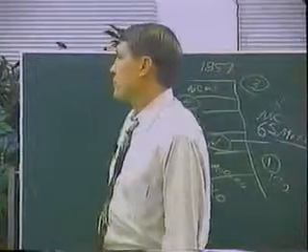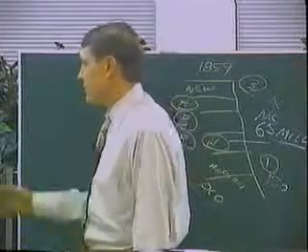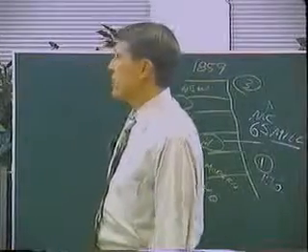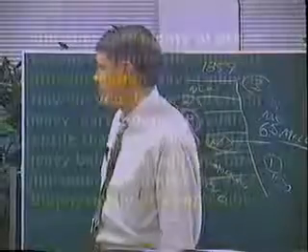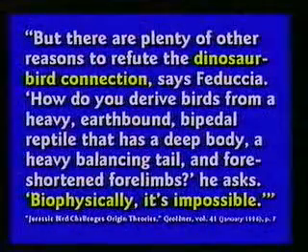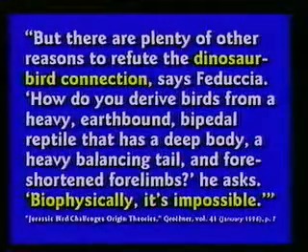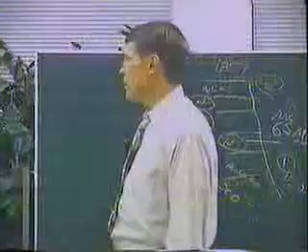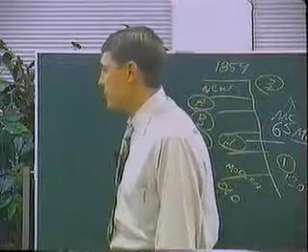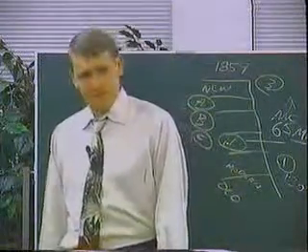Jurassic bird challenges origin theories, from GeoTimes, 1996. This guy says, "There are plenty of other reasons to refute the dinosaur-bird connection," says Feduccia. "How do you derive birds from a heavy, earthbound, bipedal reptile that has a deep body, a heavy balancing tail, and shortened forelimbs? Biophysically, it's impossible."